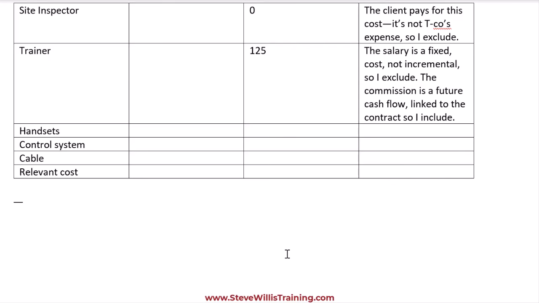We ask the first question, are the materials in stock? If the answer to that is no, we have to purchase them at the current price. And if they are in stock, we have to ask the next question, are they in regular use? If the answer to that is yes, then the relevant cost is the current price, because we would replace what we take out of the storage room for this particular project.